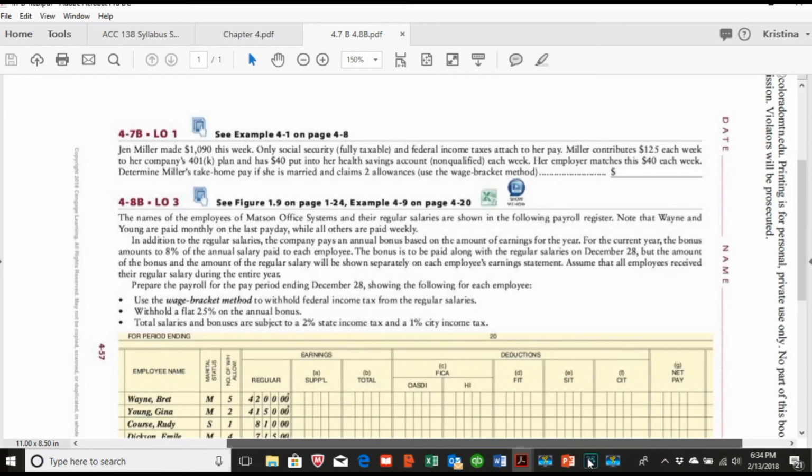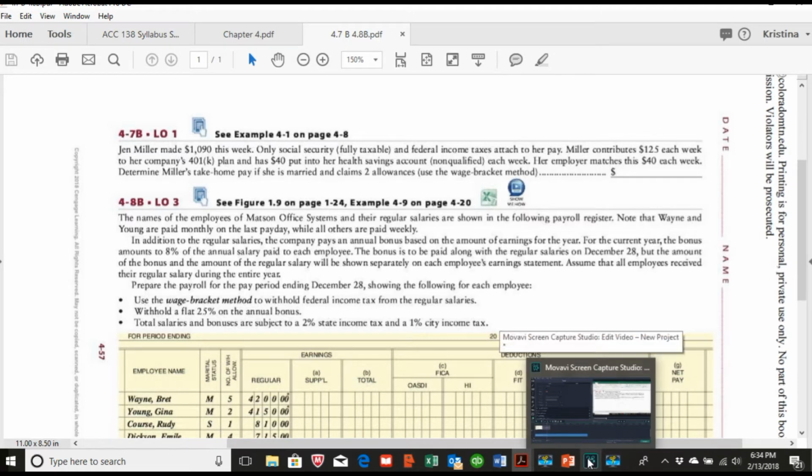So Jen Miller made $1,090 this week. Only Social Security, fully taxable, and federal income taxes are attached to her pay. So she doesn't have any state income tax. Miller contributes $125 each week to her company's 401k plan. Now, if you'll recall, the contributions to 401ks are taxable for FUTA, but they are not taxable for federal income tax.